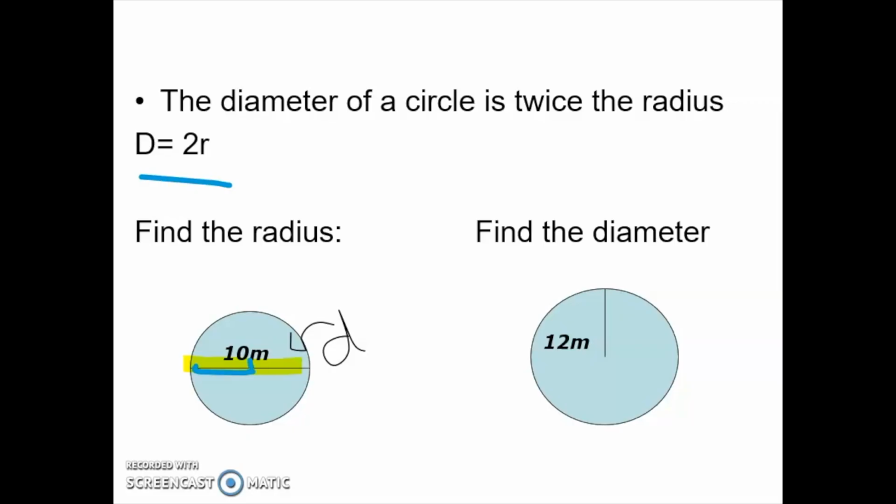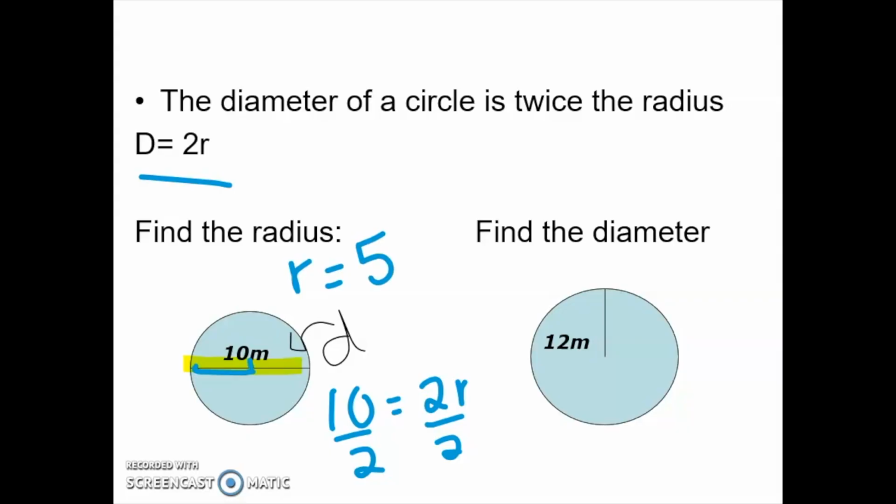So in this case, we know that our diameter is 10, and we can solve for our radius by simply dividing by 2. So in this particular circle, our radius would be 5 because that is half the length of our diameter, which is 10.